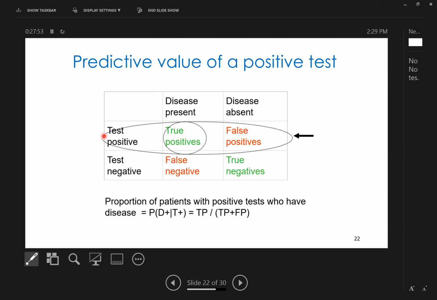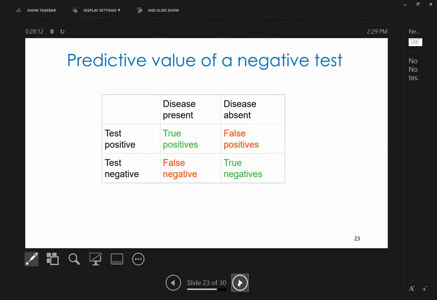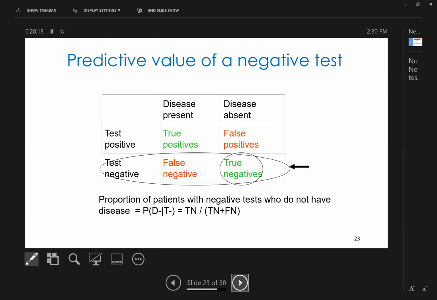We are asking, if the Apple Watch says heart attack, does this person truly have a heart attack? If the COVID antibody test is positive, does the person truly have COVID-19 or not, is what a positive predictive value is telling us. And the same thing we can do for a negative predictive value. If the Apple Watch is negative, what is the probability that somebody truly is healthy and doesn't have a heart attack? That gives us a second predictive value.